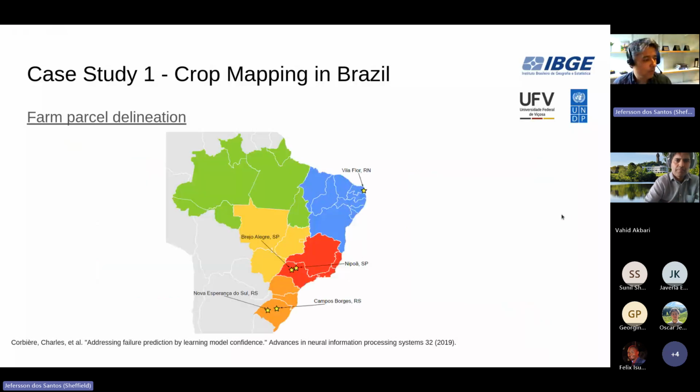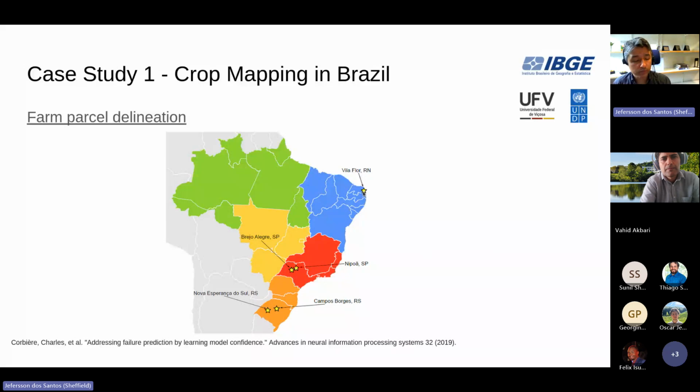Okay. So to evaluate this, we designed this pipeline comparing full Sentinel data from different regions in Brazil. The idea here is to apply a kind of leave-one-out setup, in which we train, for example, with these four municipalities here, and we test in this other one in Northeast Brazil.